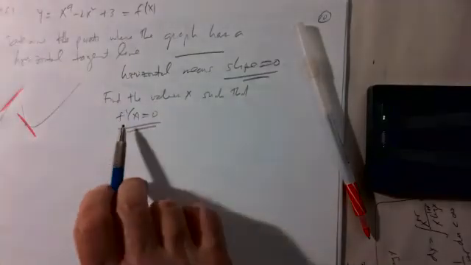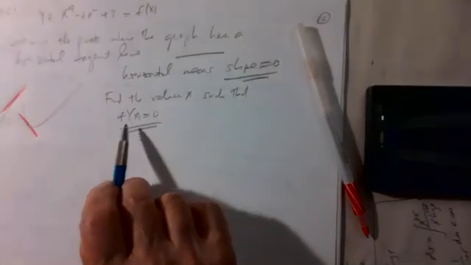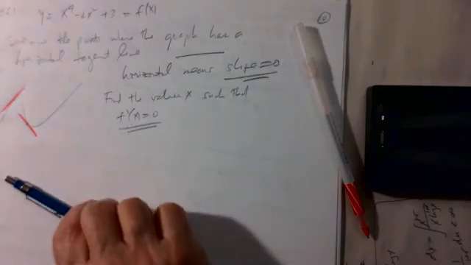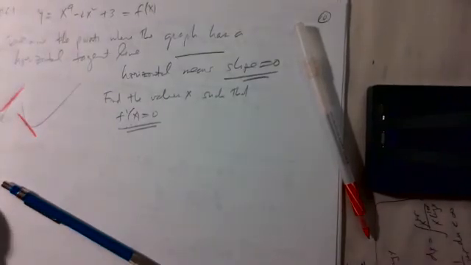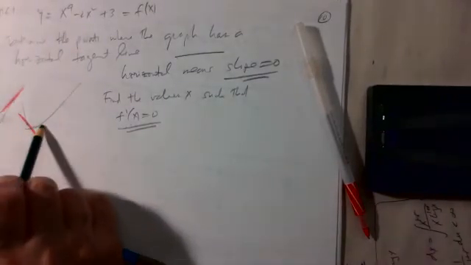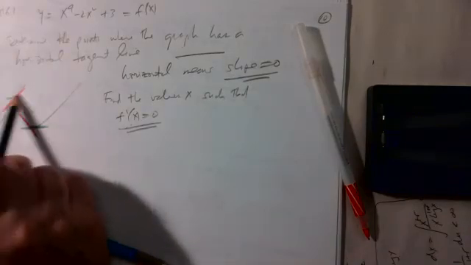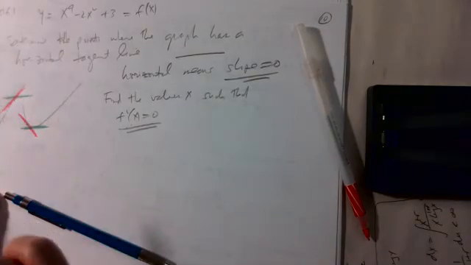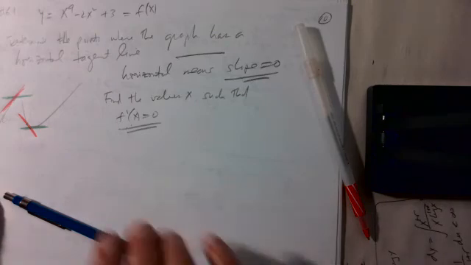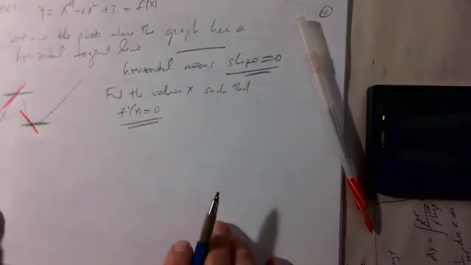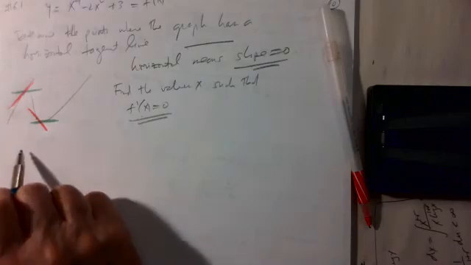The points where the derivative equals 0 give you the points where the tangent line is horizontal. On this curve, it looks like at this point down here, the slope is horizontal. This point over there, the slope is horizontal. What are those points? Well, to find the points, we look at the derivative.